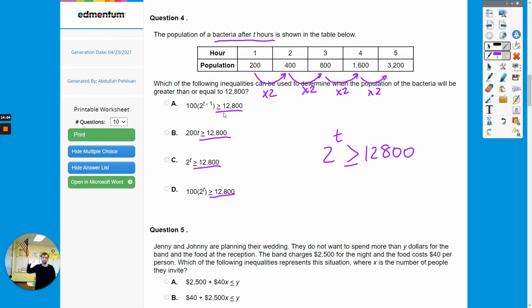This is like the principal interest questions. You need your initial number and you multiply it by 2 to the power of t. But what is our initial number? Is it 200? That's not our initial number. Initial number is when the time equals 0.